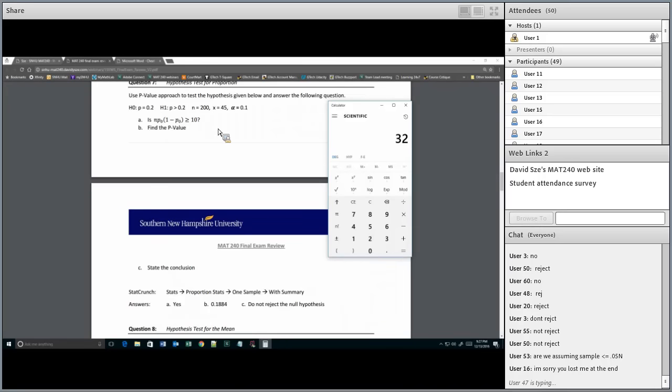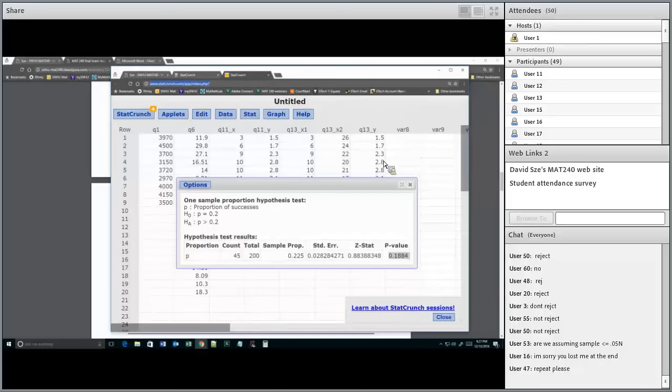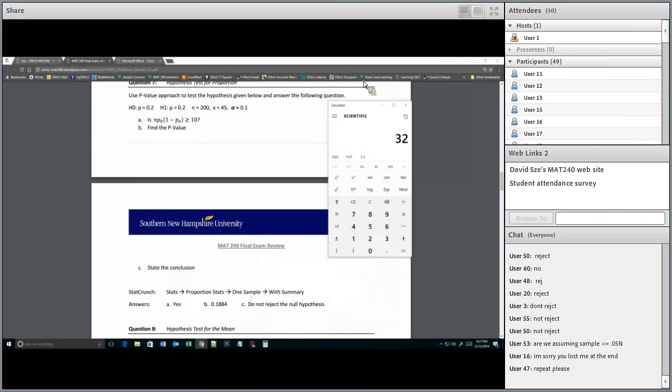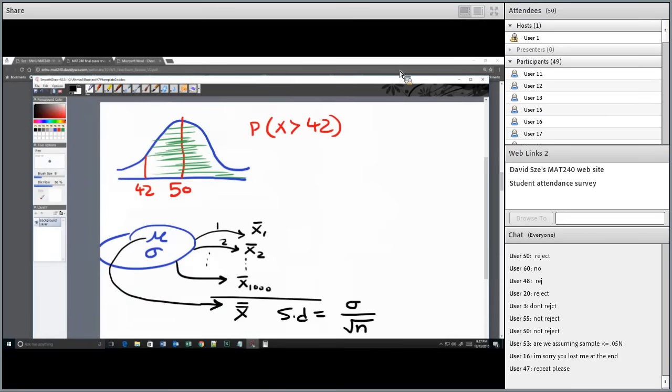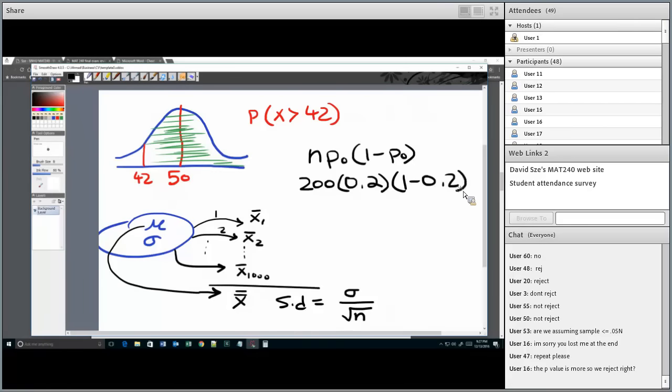All right, now find the p-value. Okay, so it's just a very simple calculation.